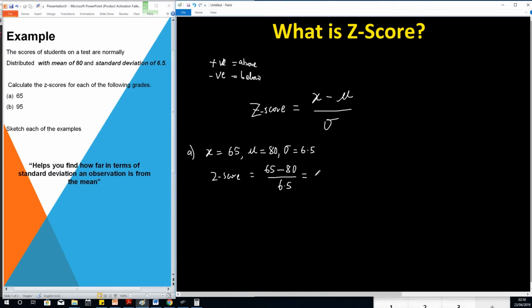So we have a Z-score of minus 2.31. This means that the score of 65 is 2.31 standard deviations below the mean.